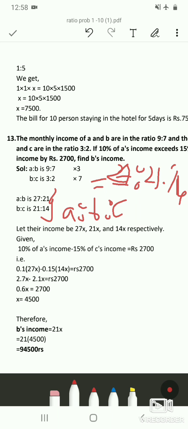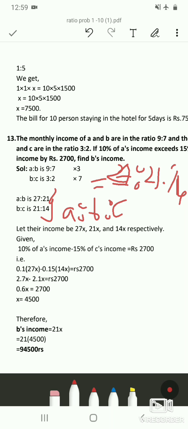Now let us take their incomes as 27x, 21x and 14x respectively. That is, A's income is 27x, B's income is 21x and C's income is 14x.